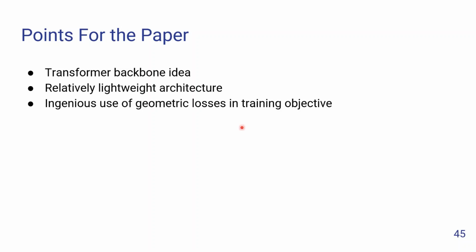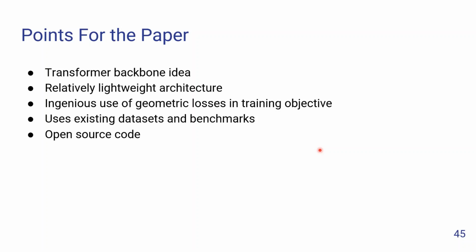And the inclusion of the geometric losses in the training objective, as explained by Suneet, was a very ingenious way of improving the quality of the motion generation. And they use existing data sets and benchmarks, so comparison with all the other models in this domain is very easy and very straightforward. And another really good thing is that the code is open source.